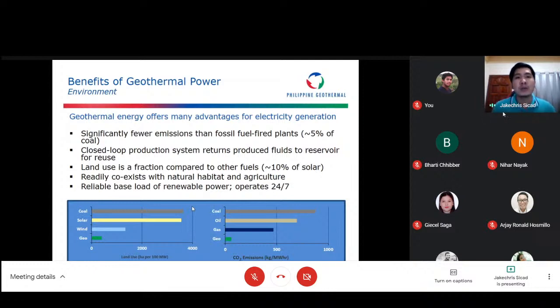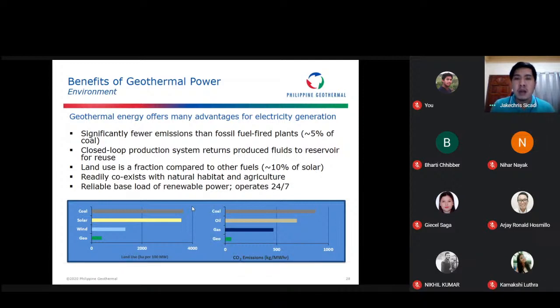And the land use is also relatively a fraction of other sources of energy. So 10%, for example, that of solar, and it can really coexist with natural habitat and agriculture.